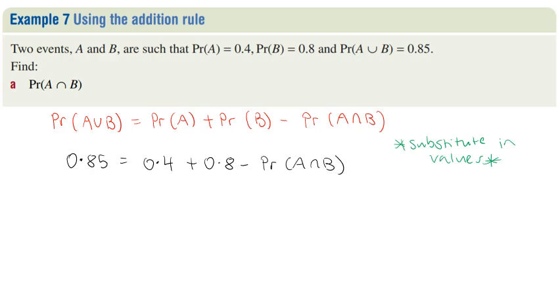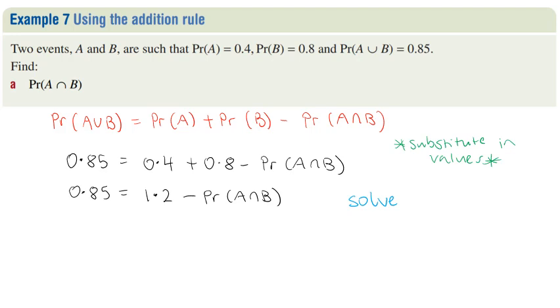I'll just add those. So 0.4 and 0.8 is 1.2. Now I need to solve. I'm going to solve using inverse operations.